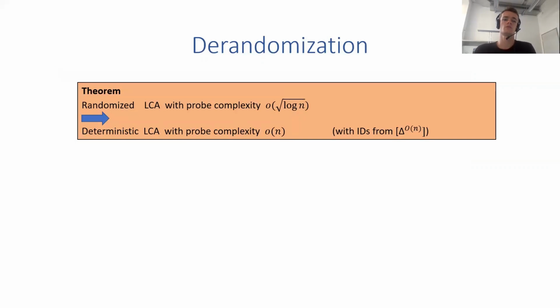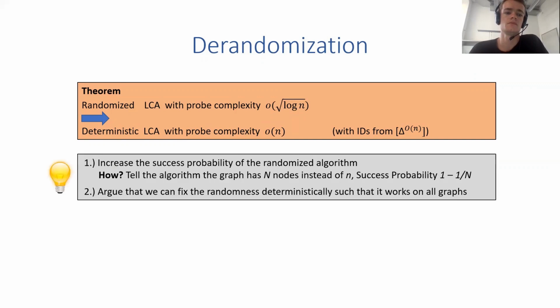Okay, so what we want to show is that we start with a randomized LCA with probe complexity little o of square root log n, and we want to de-randomize this LCA. How can we do this? Well, we basically do 2 steps. First, we increase the success probability of the randomized algorithm. How can we do that? We can simply tell the algorithm that the graph has big N many nodes instead of small n.